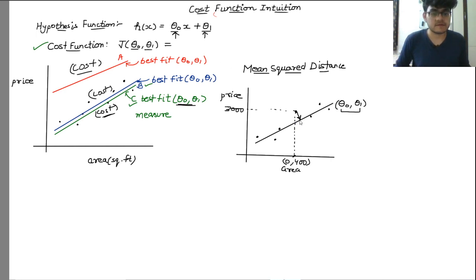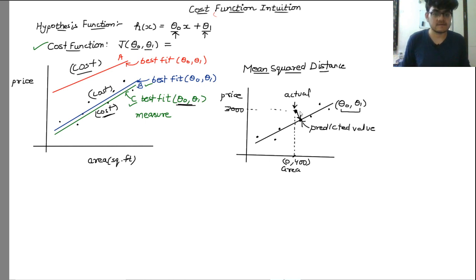So let's suppose there is a point here. Now we will try to find the distance between the actual point and the predicted value. So this point is the prediction, so I'm going to say that this is the predicted value, and this point is the actual value.